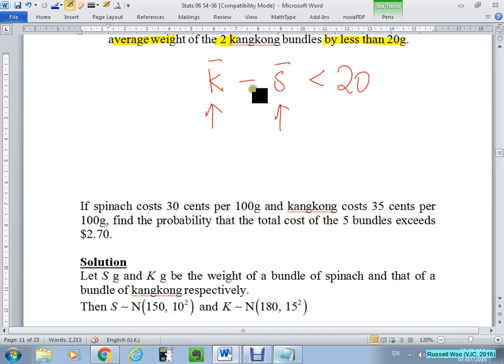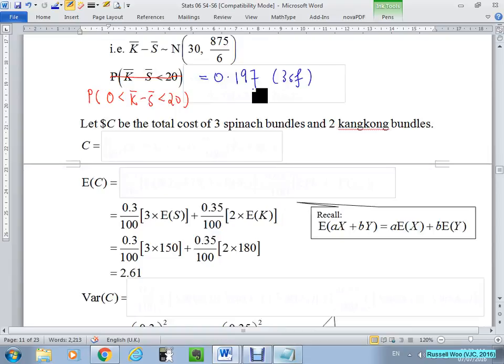Now we're going to define properly. Let C be the total cost of 3 bundles of spinach at 30 cents per 100 grams, S1 plus S2 plus S3.